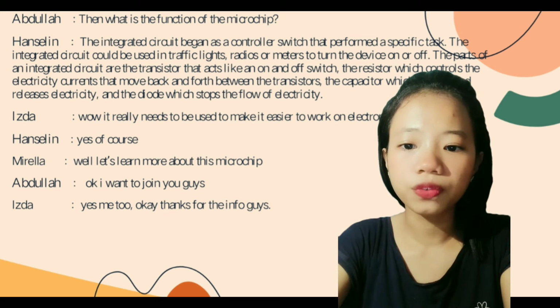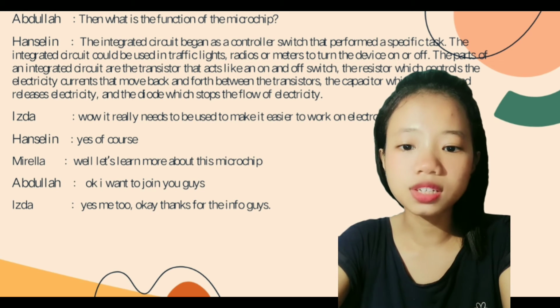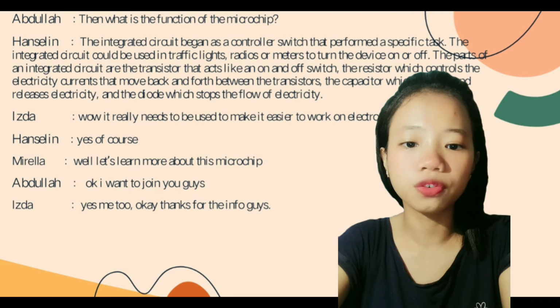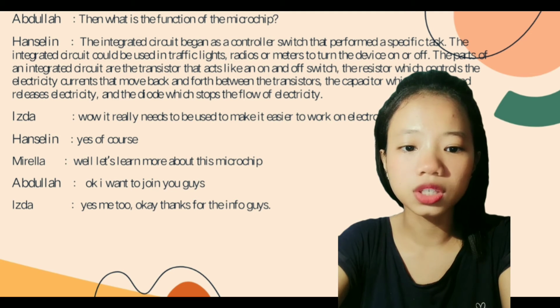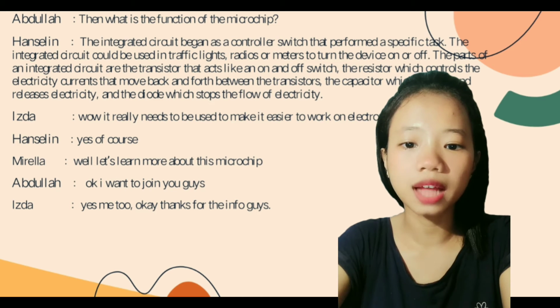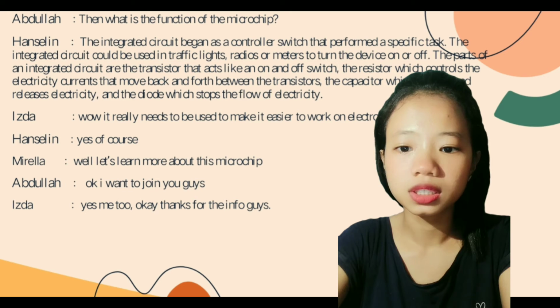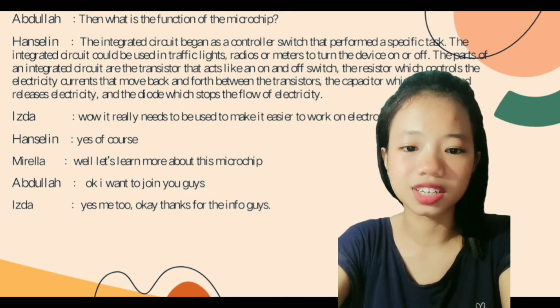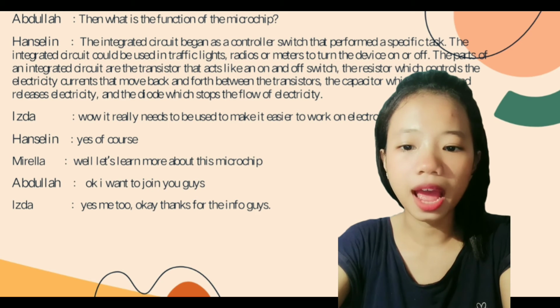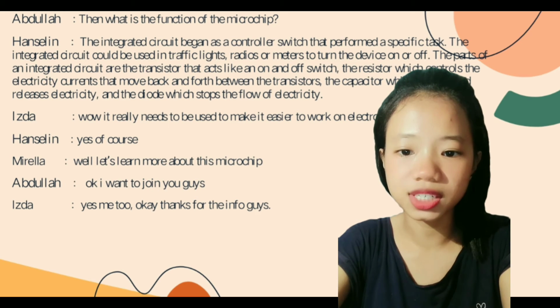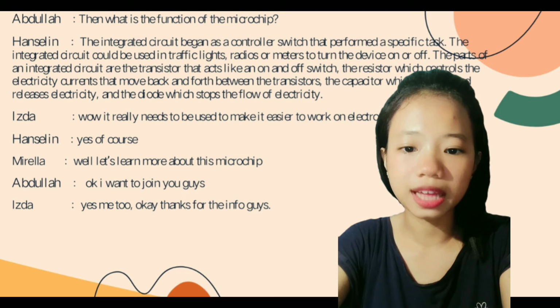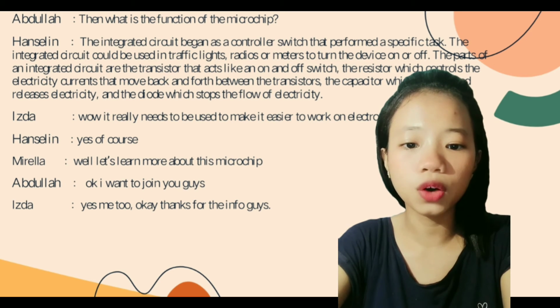The parts of an integrated circuit are the transistor, which acts like an on and off switch; the resistor, which controls the electric current that moves back and forth between transistors; the capacitor, which collects and releases electricity; and the diode, which stops the flow of electricity.